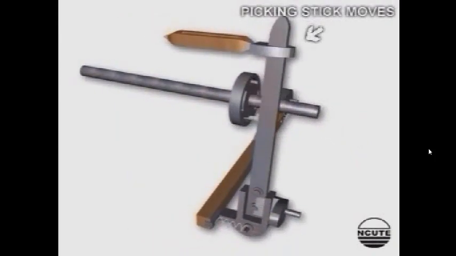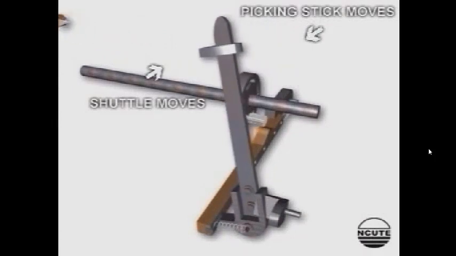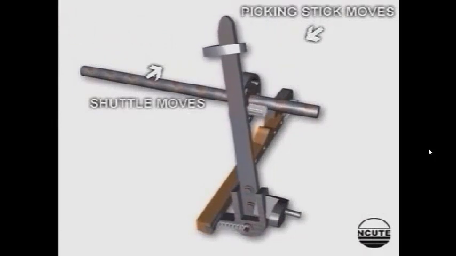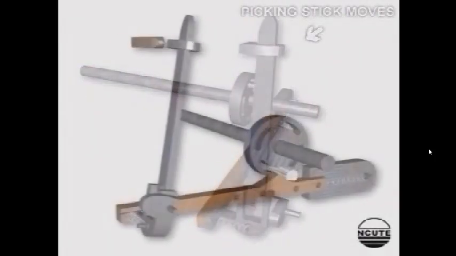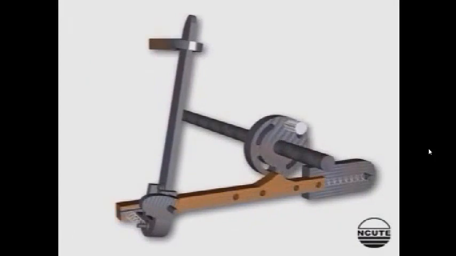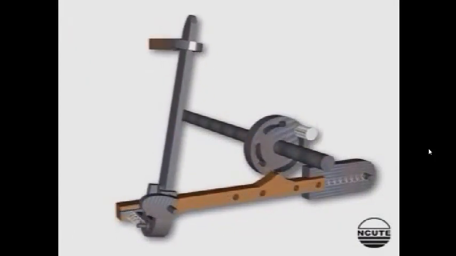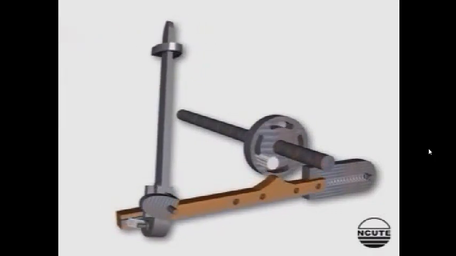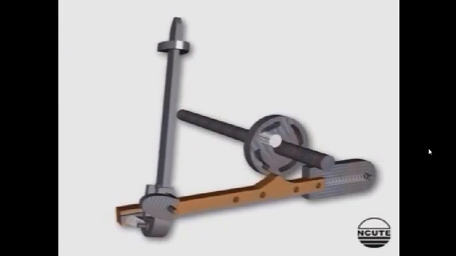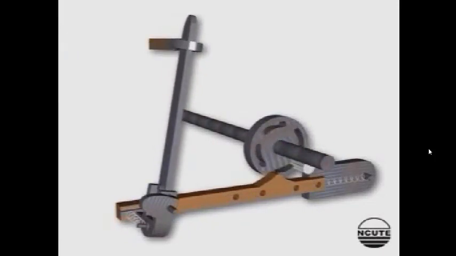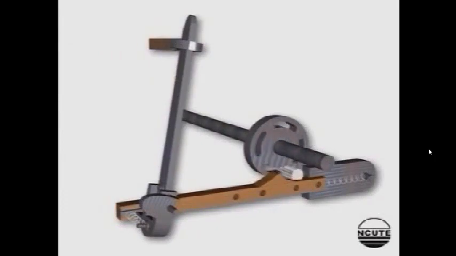The picker then strikes the shuttle to insert the weft. The picking stick, picker and side lever are returned to their original positions by the spring. This is how the mechanism works. A similar arrangement is fitted on the other side of the loom, but the bowl is tilted by 180 degrees. So for one turn of the bottom shaft, two picks are inserted.